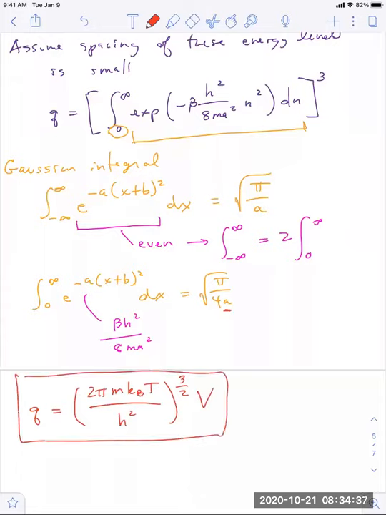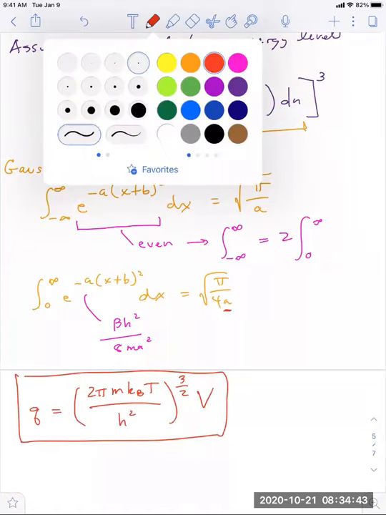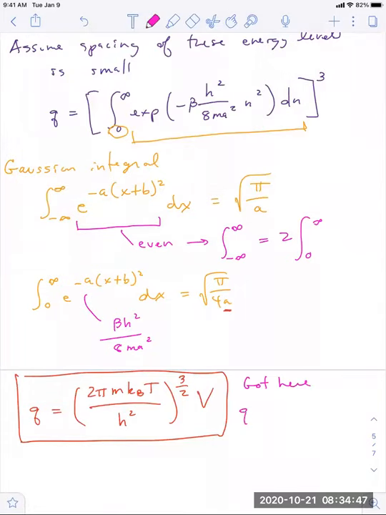So we arrived at this partition function for translations initially by summing over states. So remember, right at the beginning, we got here by saying that Q equals the sum over all states of the exponential of minus beta times the energy. But we can also get here if we sum over energy levels instead of states.